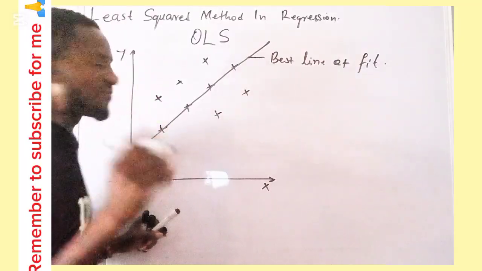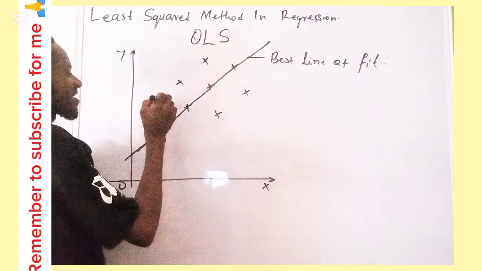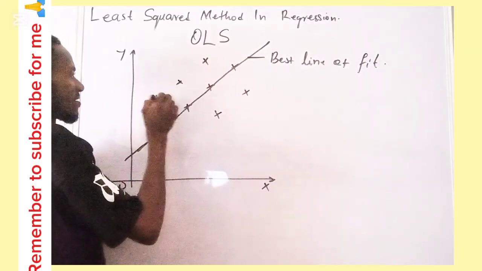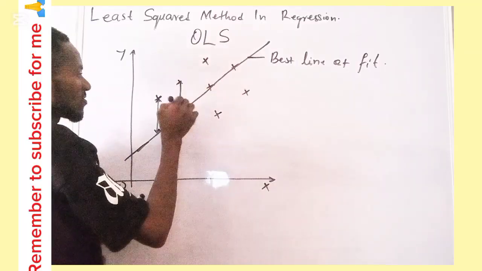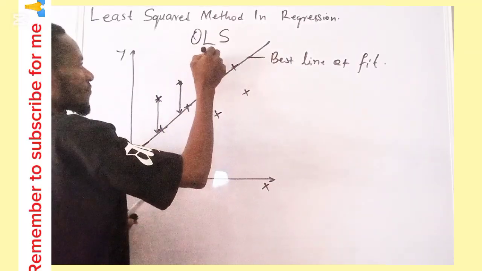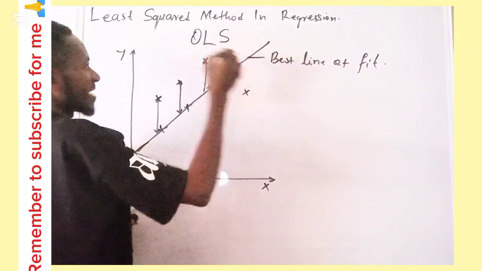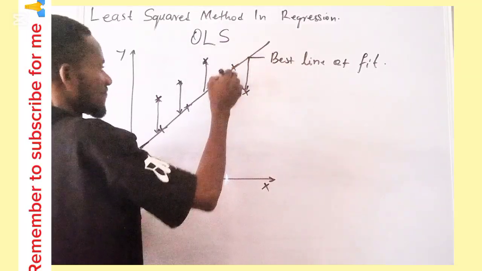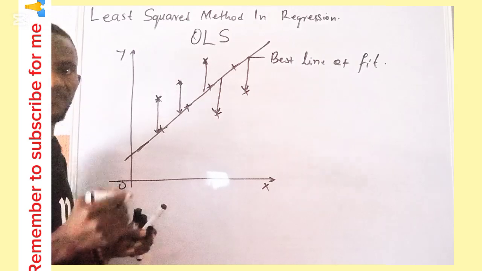And when we talk about deviation, we are talking about the vertical distance from each data point to this line.